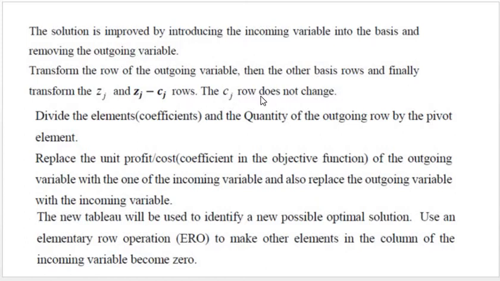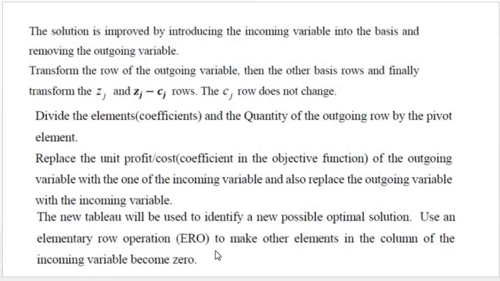The Cj row does not change. So divide the elements and the quantity of the outgoing row by the pivot element. Replace the unit profit cost of the outgoing variable with that of the incoming variable, and also replace the outgoing variable with the incoming variable. The new tableau will be used to identify a new possible optimal solution.